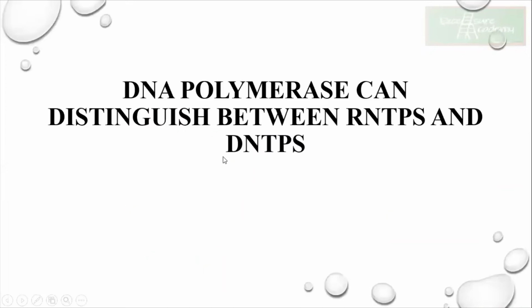Now, how can DNA polymerase distinguish between rNTPs and dNTPs? So what is the difference? Here in the structure, see, this is just the ribose sugar, right? Here we have the bases attached.